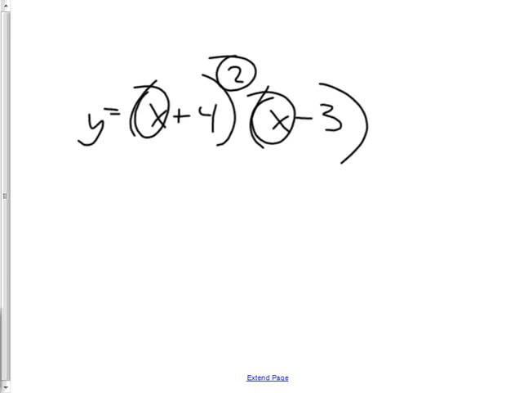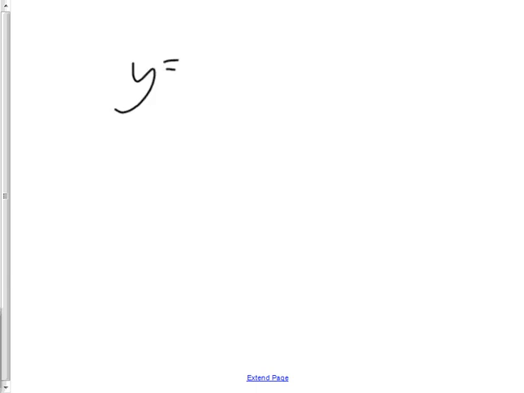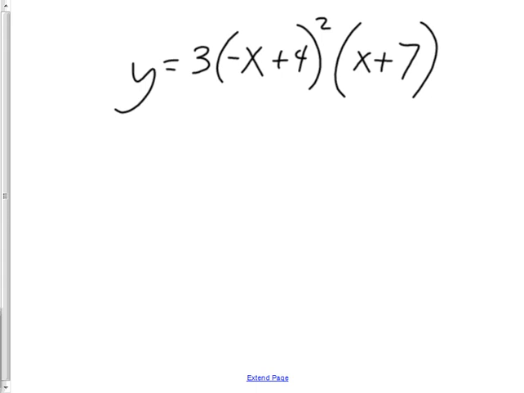All right, so I'm going to ask you a few questions about one in this form, and here it is. I'd like to know, number 1, what's the lead coefficient?